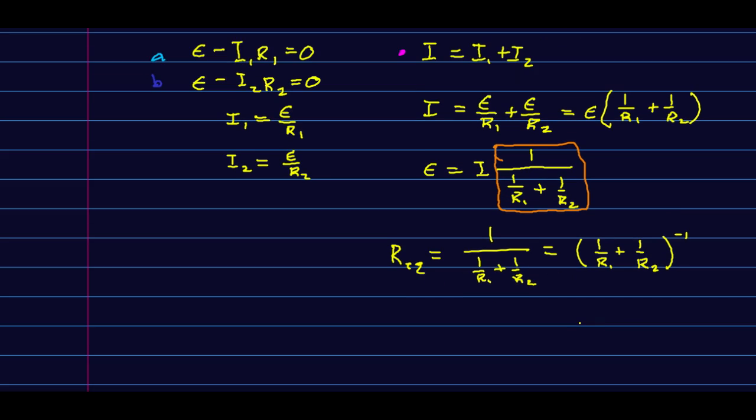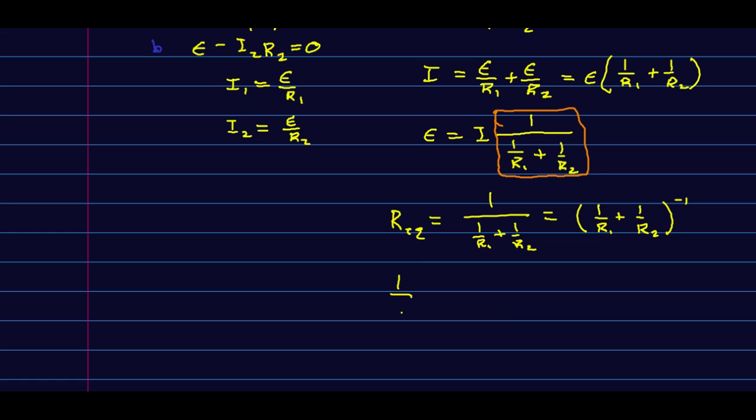And the way you'll often see this written is that 1 over the equivalent resistance is, and now again, this applies to more than two resistors, and so I'll write plus dot dot dot.